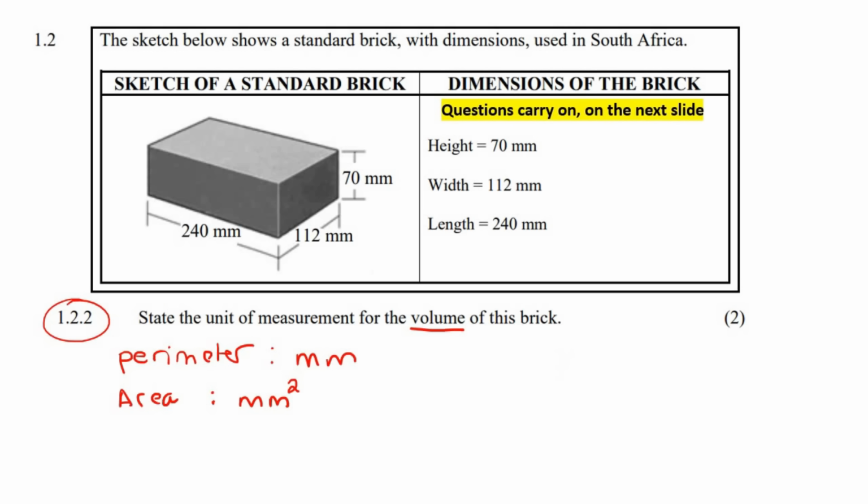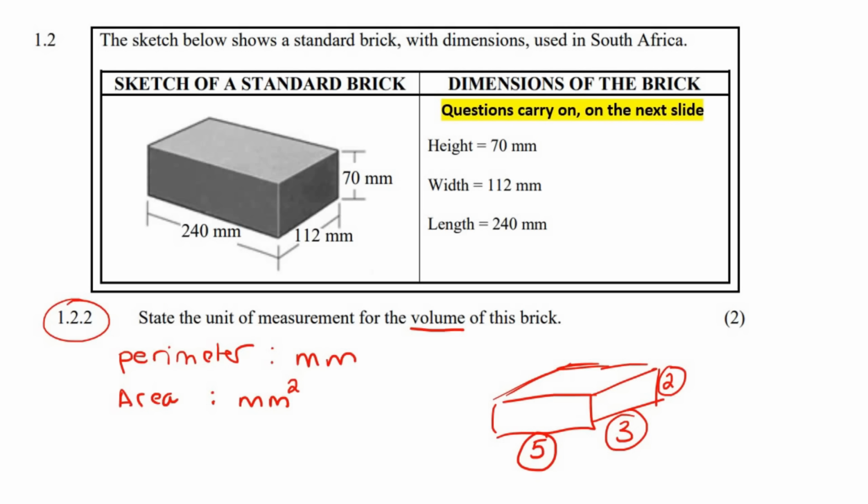Now, what if you have a 3-dimensional shape? Like that, for example. Okay, then all of a sudden you're going to have a number there, and then a number there, and a number there. So if you wanted to calculate the volume, then you would actually end up multiplying these 3 numbers together. And so how many numbers did you just multiply? 3.